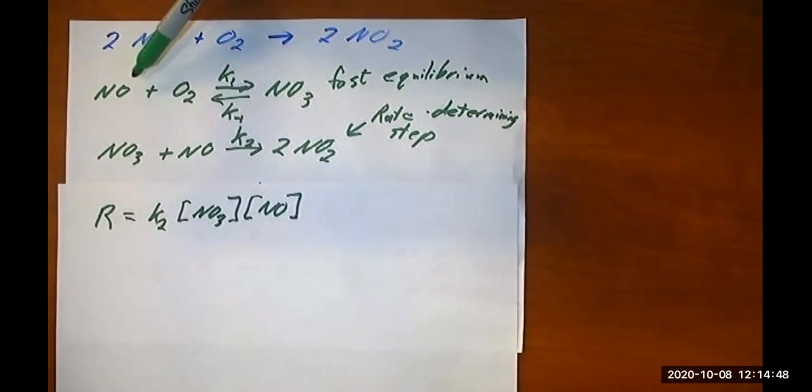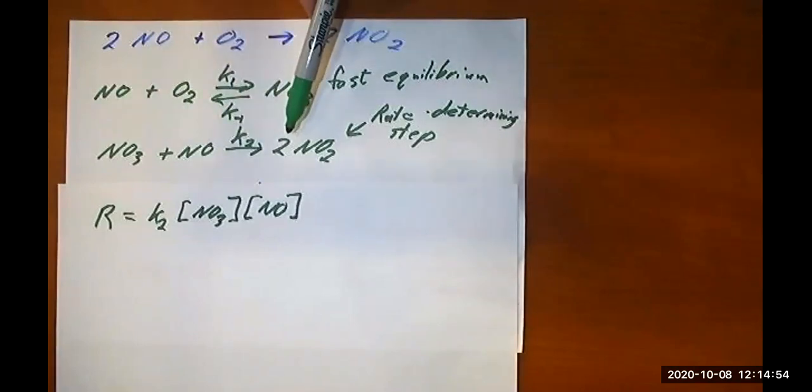It is something that is created by the first step. It is destroyed by the reverse of the first step, and it's destroyed by the last step. So the NO3 is a reaction intermediate. And so we need to get rid of that in this expression.